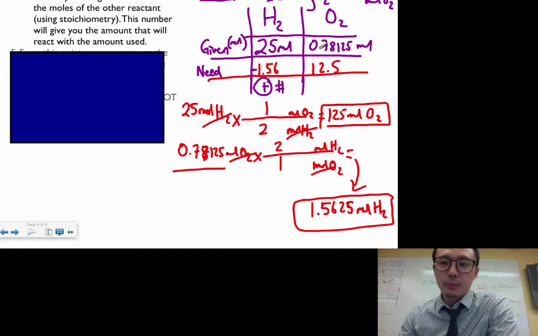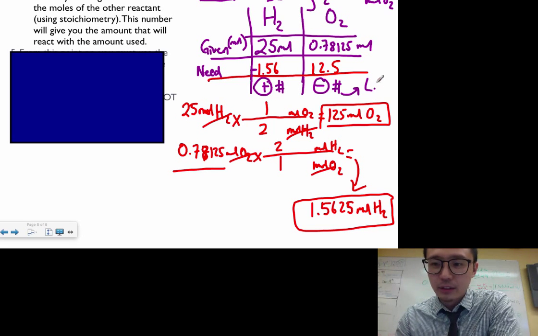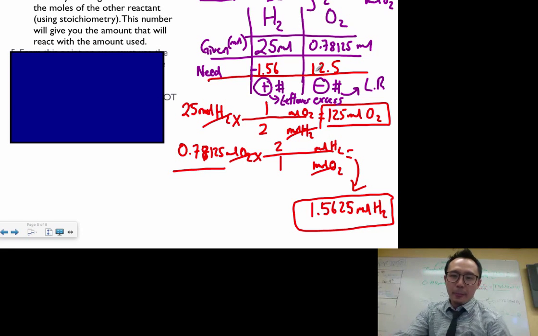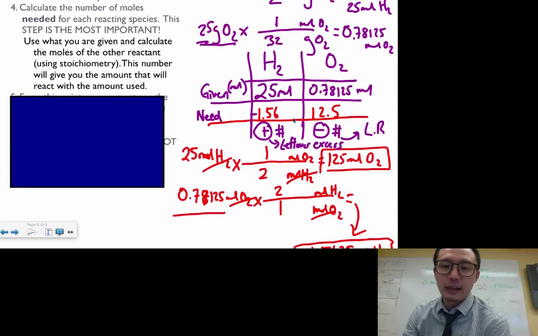Whereas if you take 0.78 subtract 12.5, you get a negative number. So this negative number will indicate that you don't have enough, so this is your limiting reactant. And this positive number, because you have leftover, is your excess. Okay, so that's how you determine your limiting reactant and your excess.